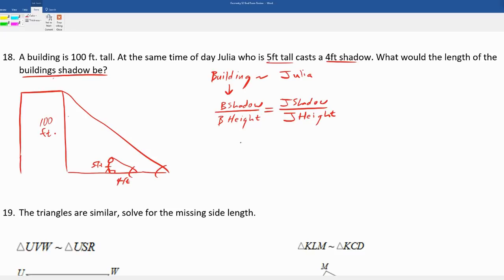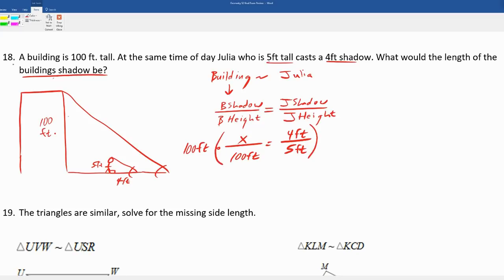Now, the building's shadow, we do not know, and we represent it as x, but the building's height we know to be 100 feet. And that should be proportional to Julia's shadow, which was 4 feet, and Julia's height, which was 5 feet. So let's go ahead and isolate our variable, x. We have that dividing 100 there. How do you get rid of a dividing 100? We multiply, right? But remember, what you do to one side, you have to do to the other.